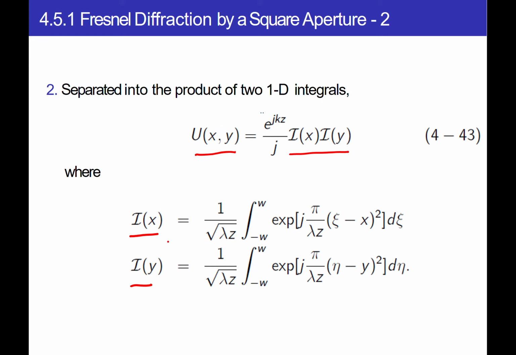Here, the Ix is given by these functions, and the Iy is given by this function, and we need to calculate this integral, and then everything is solved. Ix times Iy.